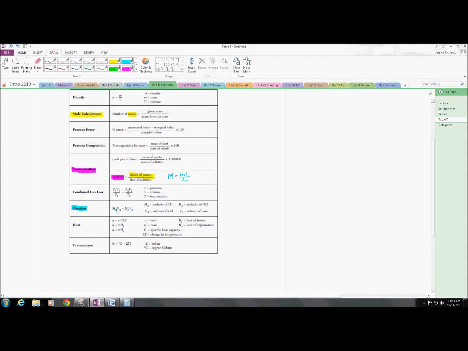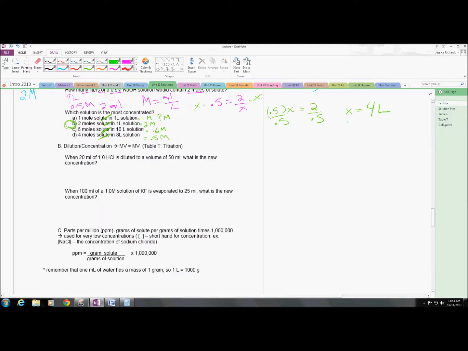So it's the molarity of the acid times the volume of the acid equals the molarity of the base times the volume of the base. But we can also use this if we're just diluting down a concentration or we're letting the water evaporate and we're increasing the concentration of a solution. Just ignore the A's and B's. Think of them as 1s and 2s like we did for the combined gas law. So we can just have our starting solution and our ending solution. So think of it as M1V1 equals M2V2, and we're all set.